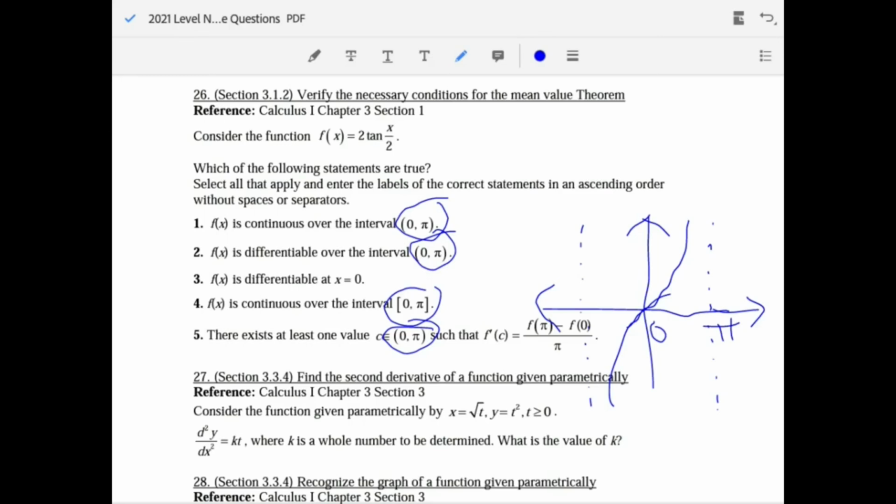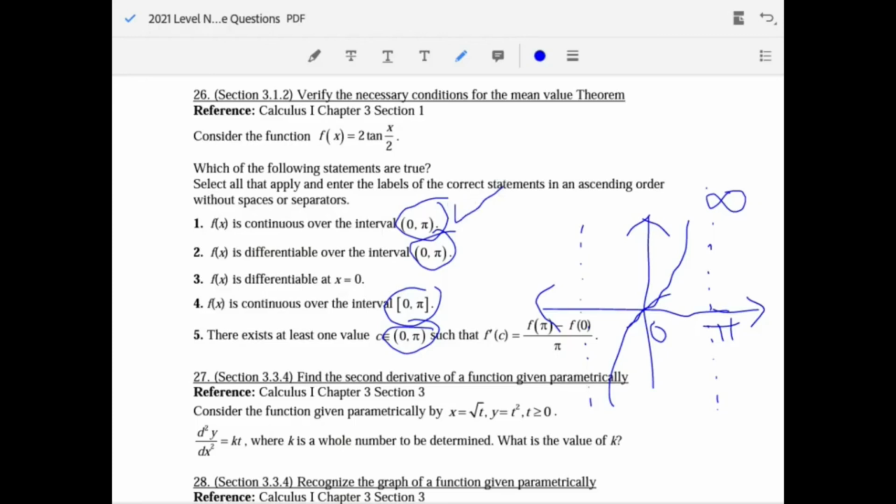But pi is where it gets confusing. At pi, it's actually infinity. From the left of pi, it just keeps approaching infinity. So it's not continuous at pi. For the first one, when they say 0 comma pi, pi is not included. So that's why it's correct.